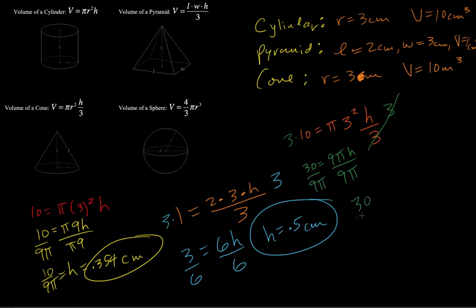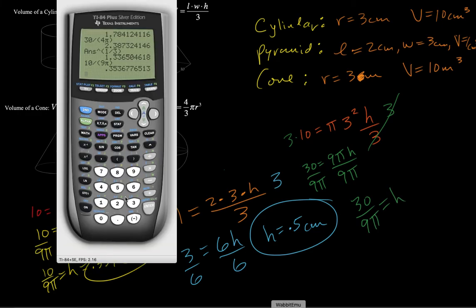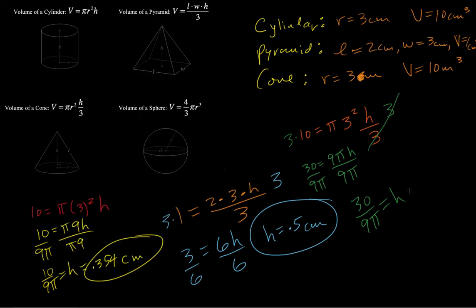And we get 30 over 9 pi is equal to h. Go to the calculator. 30 divided by 9 pi. And then 1.06. Originally, it's measured in meters, so that's what our height is.